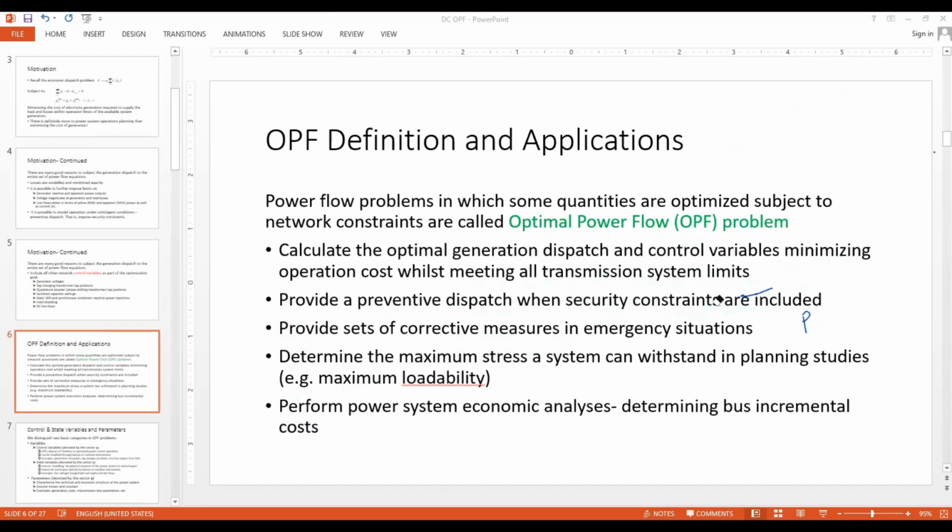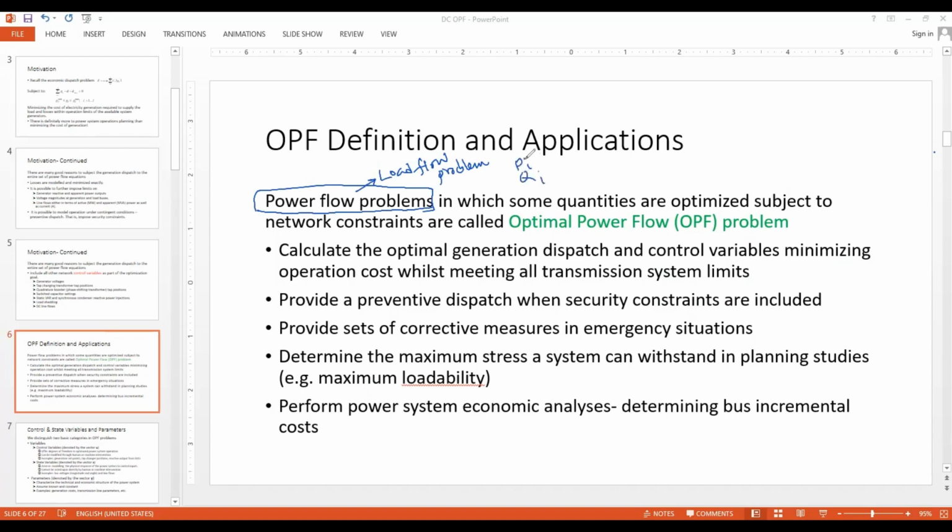So what is OPF? The optimal power flow. It is the power flow problem. In the OPF itself, we are still thinking about the power flow problem, meaning the load flow problem. This is the basic load flow problem. Remember, we just talked about the PIs and QIs.